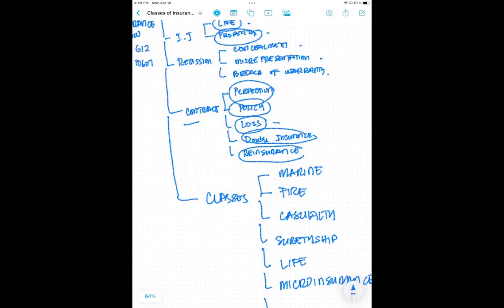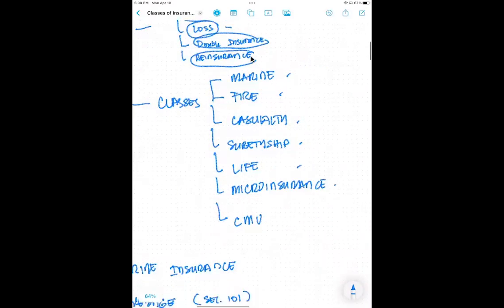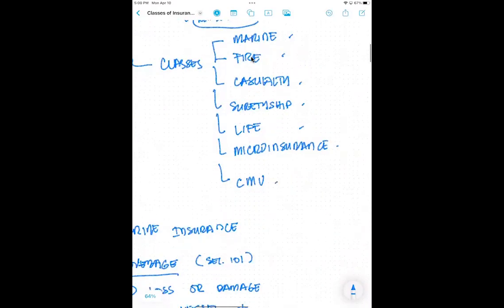Which leads us now to the classification of insurance. So we have here marine insurance, fire insurance, casualty, surety ship, life, micro insurance, and compulsory motor vehicle insurance. This will be our main topic for today.